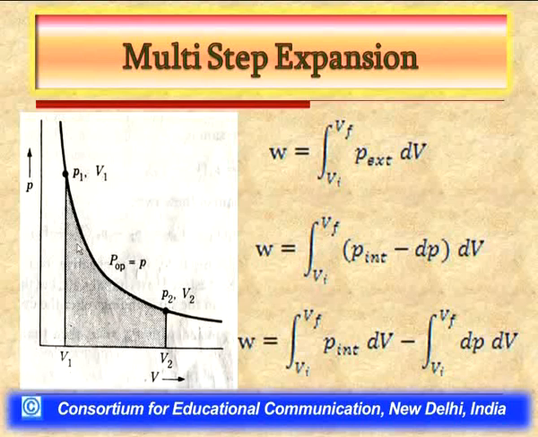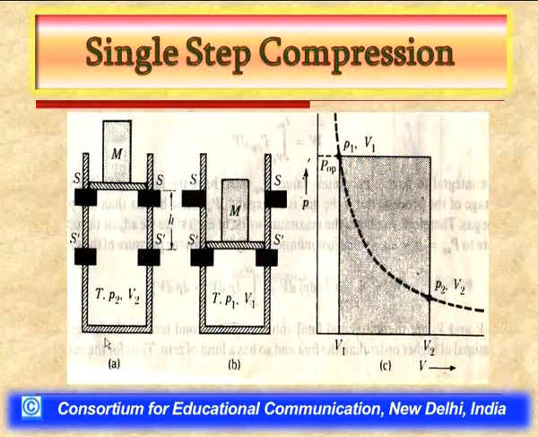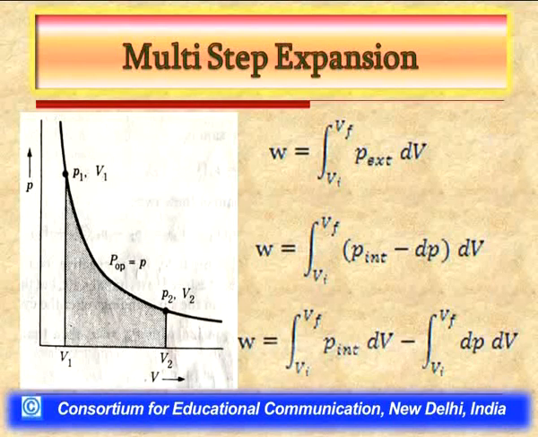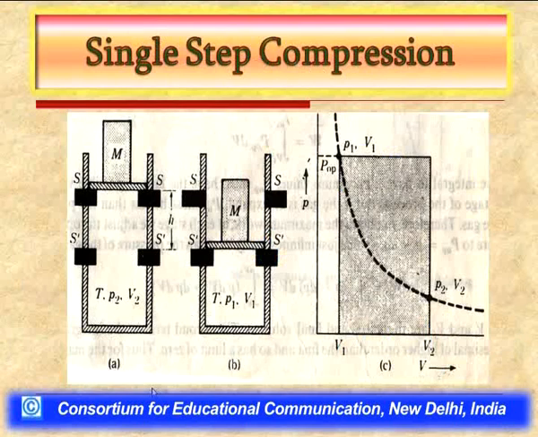So, this is the greatest value of work involved in an expansion process. It means if we carry out the expansion process in a large number of steps, then we will observe the greatest work effect produced in the surroundings.